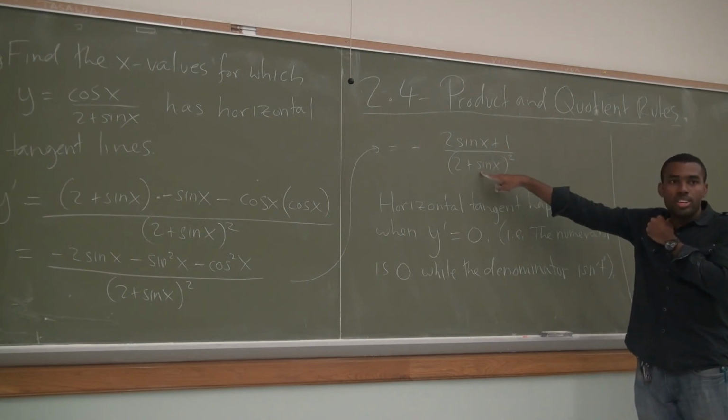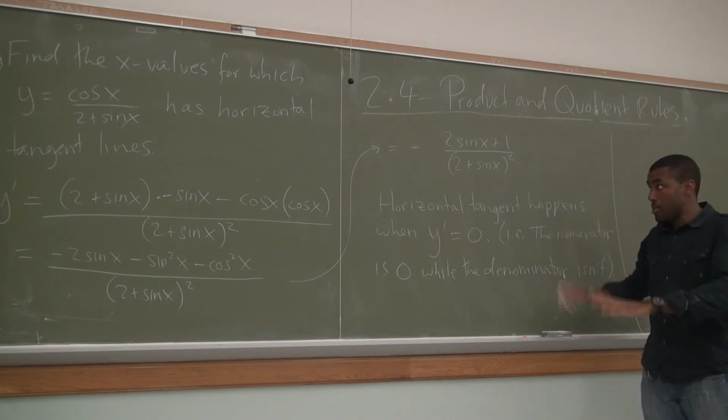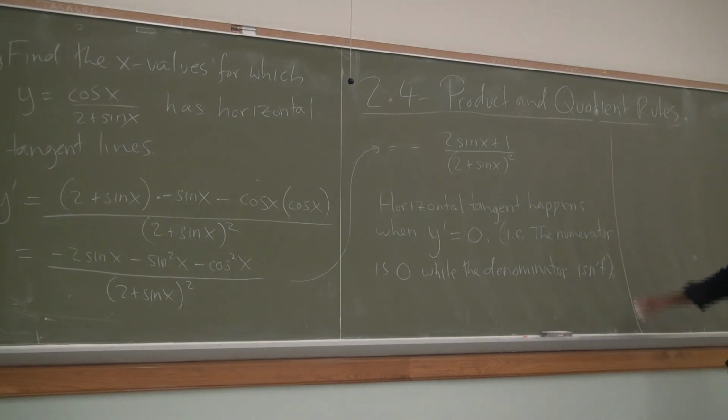In fact, the denominator here is never 0, because sine can be as low as minus 1 and as high as positive 1. So the denominator is okay, and all I need is the top equals 0, for horizontal tangents. I need 2 sine x plus 1 equals 0.